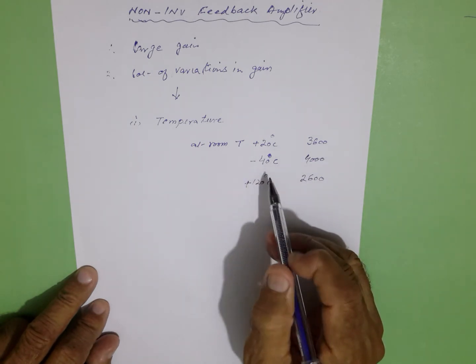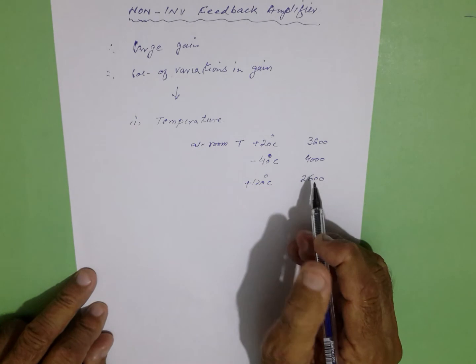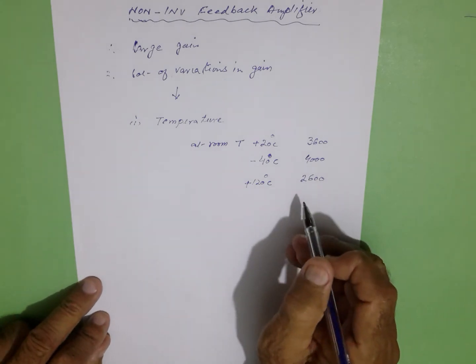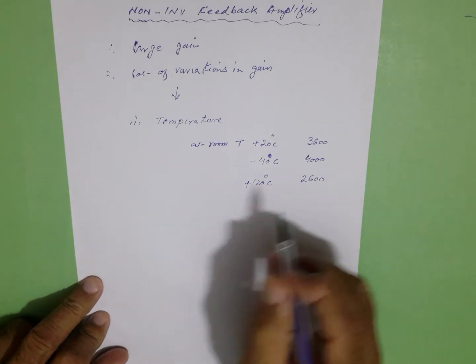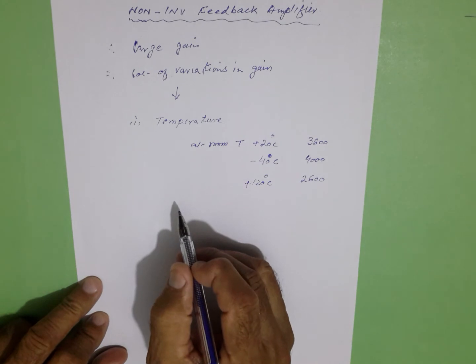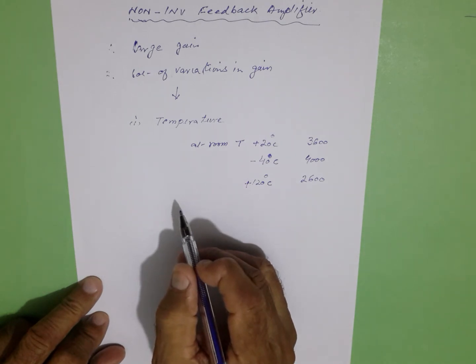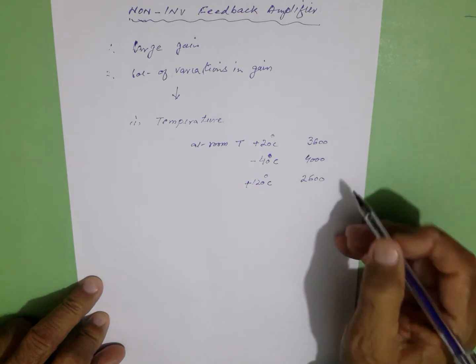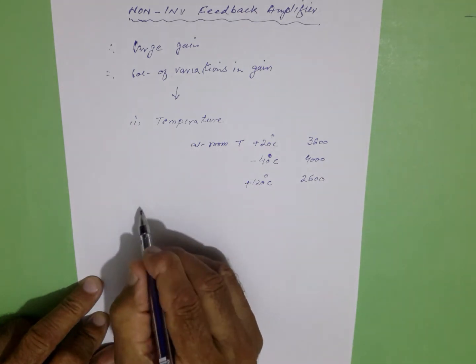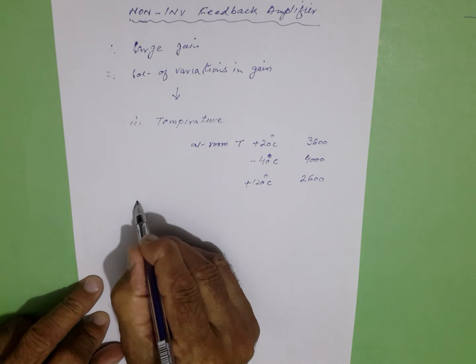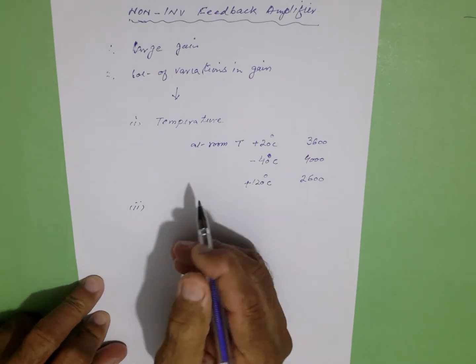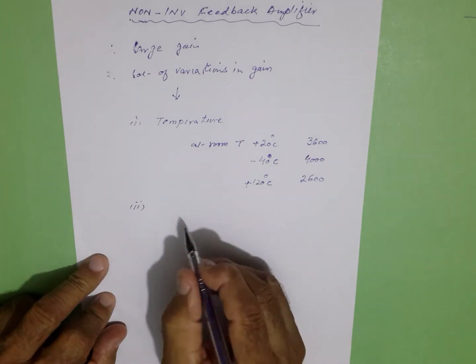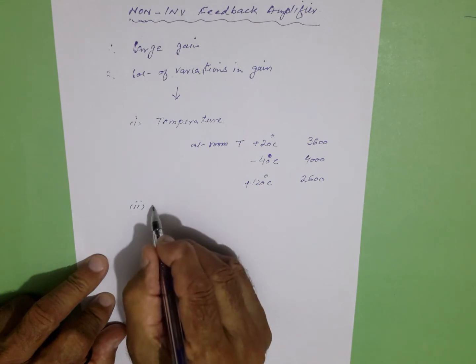At minus 40 degrees Celsius the gain increases to 4000, and at plus 120 degrees Celsius the gain reduces to 2600. Now this is a variation in gain because of temperature. The second one is production yield.